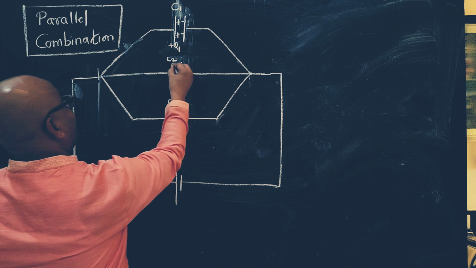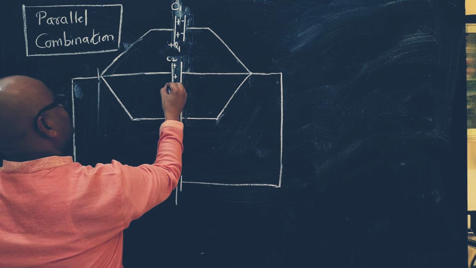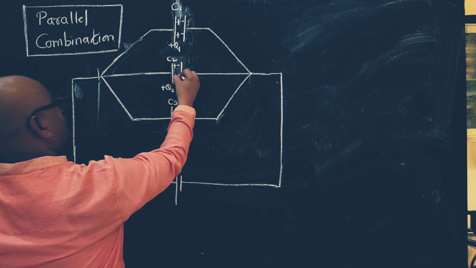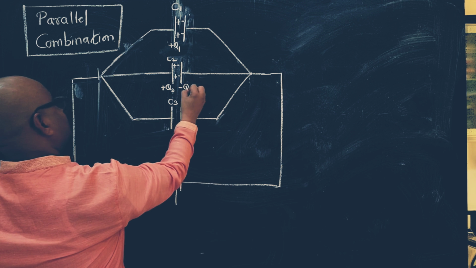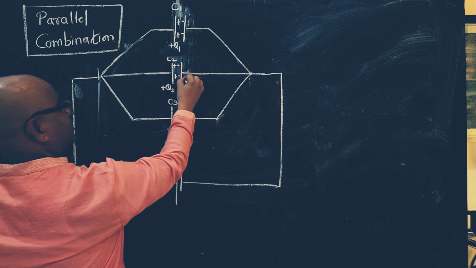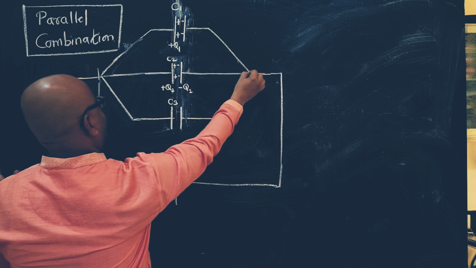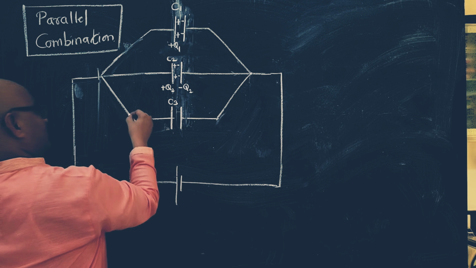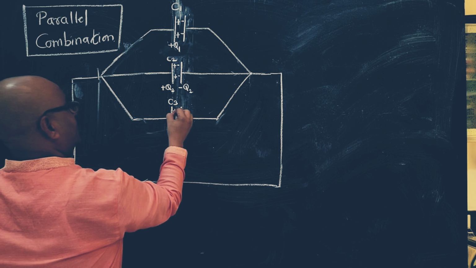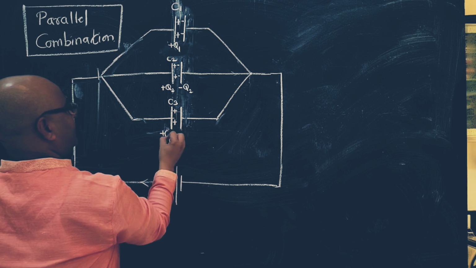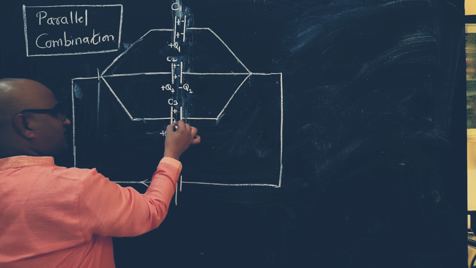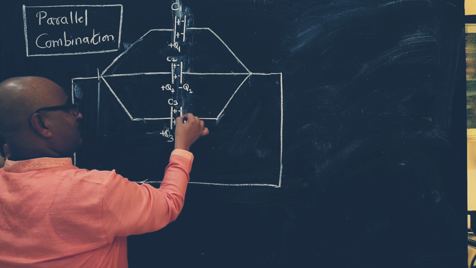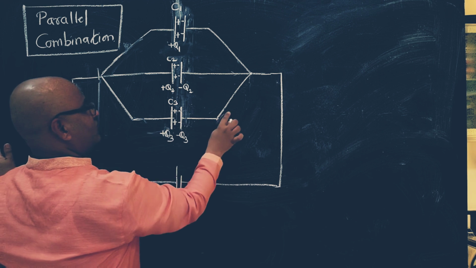From here the charge came and on this plate comes the charge plus Q2, that will induce a negative charge over here, say minus Q2. The positive charge induced over here will go through this branch and come over here. Now the charges that flow over here will be deposited on this plate. Let it be Q3. These deposited charges will induce a negative charge on the near side and positive charge on the far side, which will go over here.